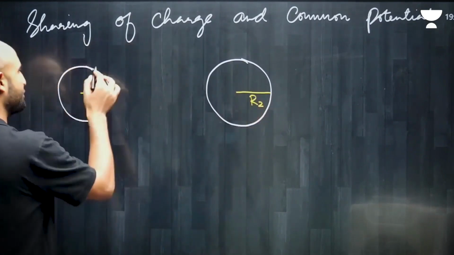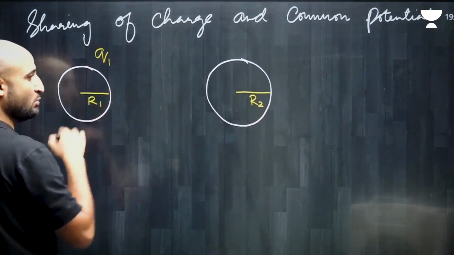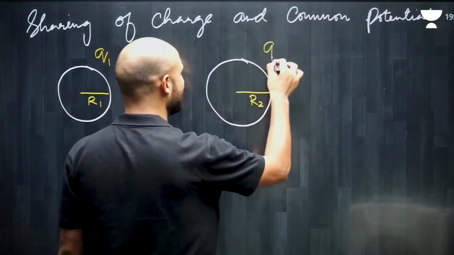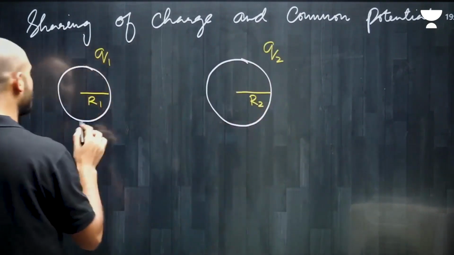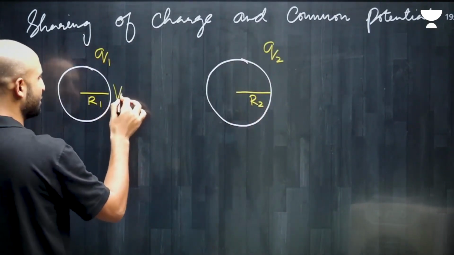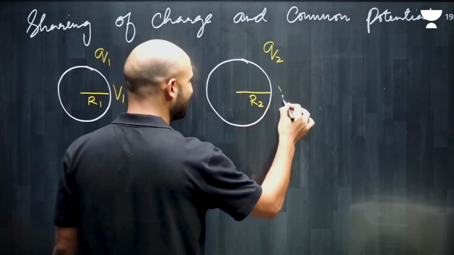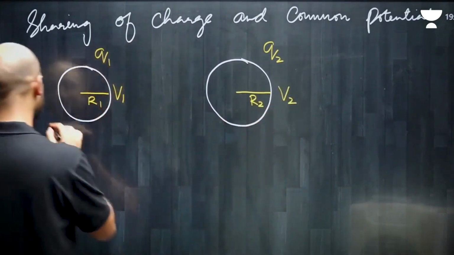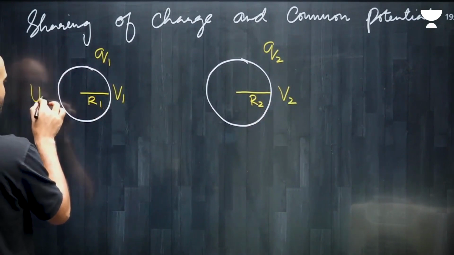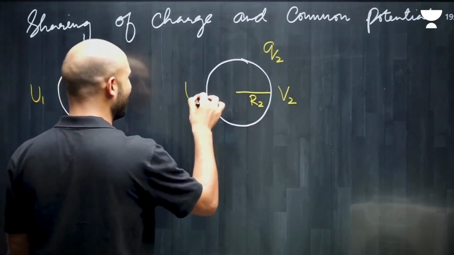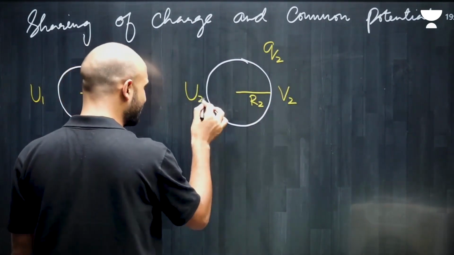The charge given to this conductor is Q1, and to the other is Q2. The potential of this conductor is V1 and of the other is V2. The energy stored by this conductor is U1, and by the other is U2.